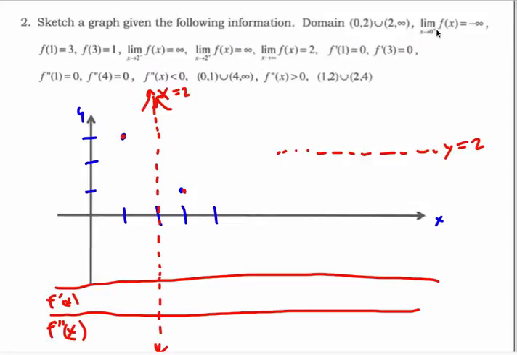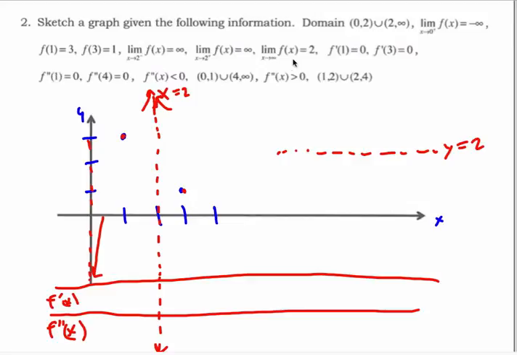Now it says here the limit as the function tends to 0 from the right is negative infinity. So that should mean that this is also a vertical asymptote, and the function is going towards negative infinity. The y values are approaching negative infinity as you get closer and closer to 0. So we have this situation.